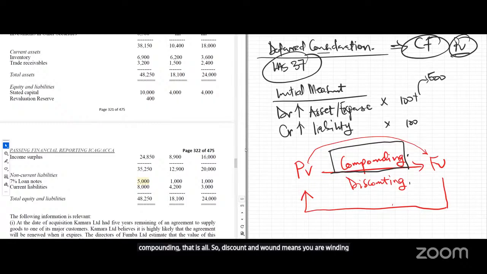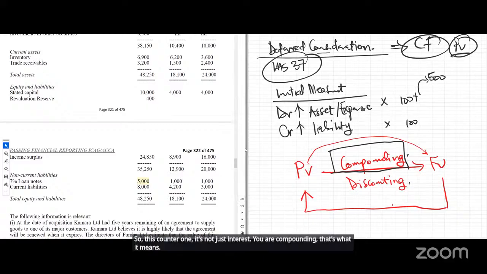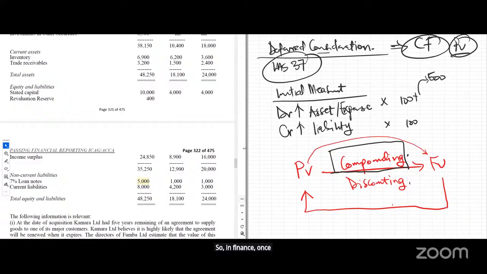You are changing it from discounting to compounding. That's all. So discount unwound is not just interest; you are compounding. In finance, once you discount, you must compound it to become what it was. That's what discount unwound means. And what do you compound with? You grow it with interest.